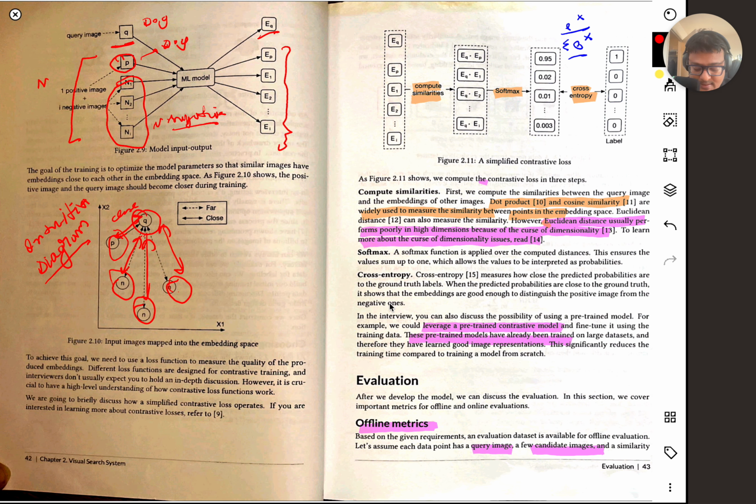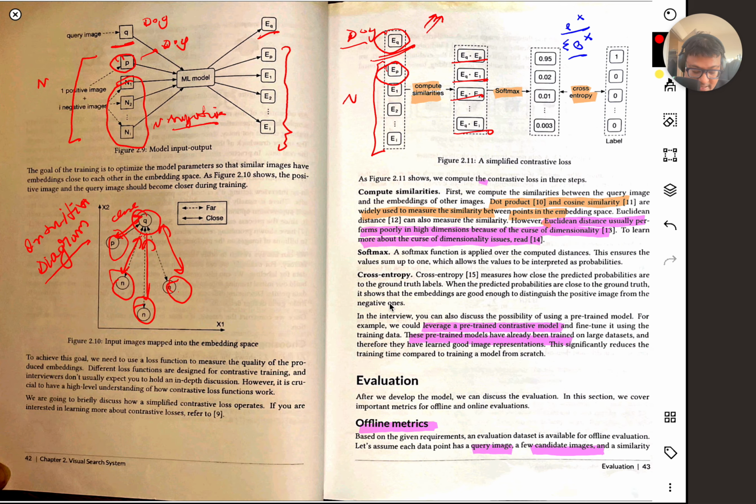So let's say you are given a positive image, which is a query image, the dog image, and you are given n images. What you can do is compute the dot product between the query and all the images. Then you want the vectors EQ and EP to be similar.